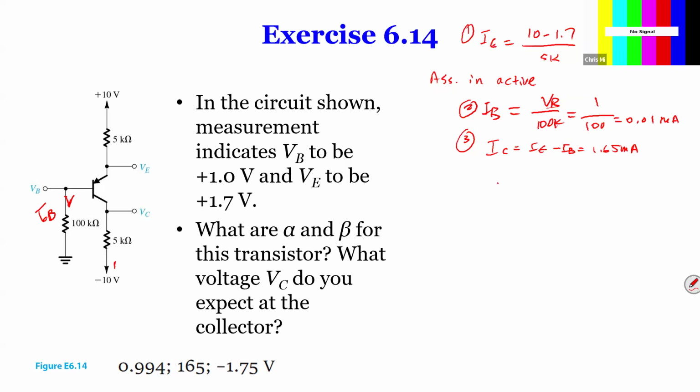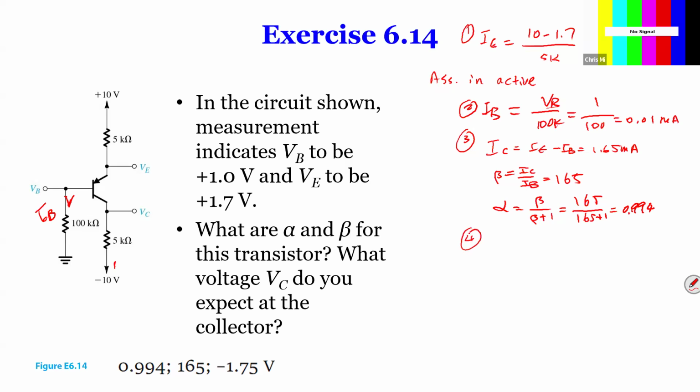Therefore, beta equals IC over IB, which is going to be 165. Now, of course, from here, you can say alpha is beta over beta plus 1. That's 165 over 165 plus 1, which gives you 0.994.